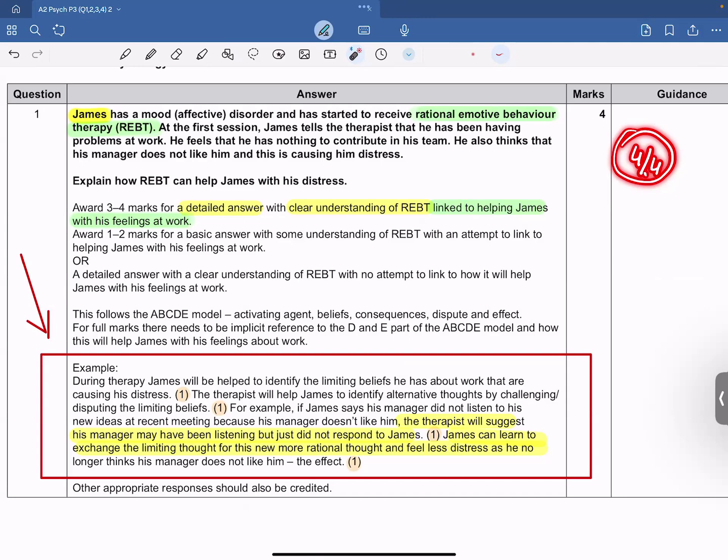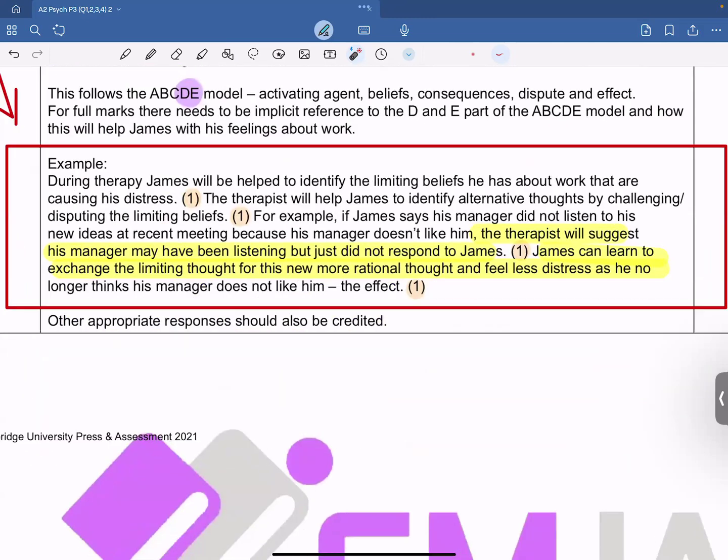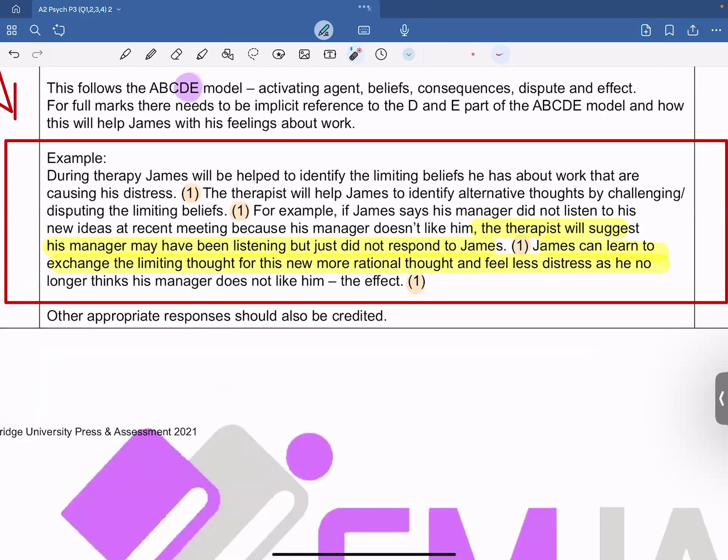So, this follows the ABCDE model. Even when this is not mentioned in the book, knowing D and E is very important because this is when you're actually disputing that irrational belief and replacing it with something more rational, more logical.